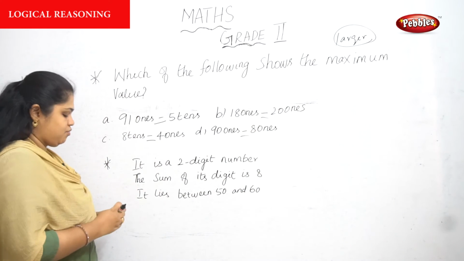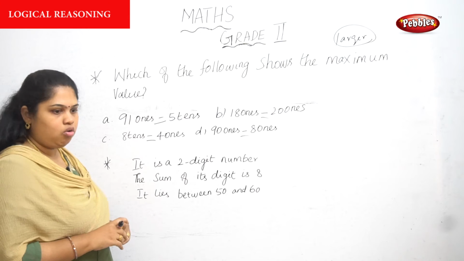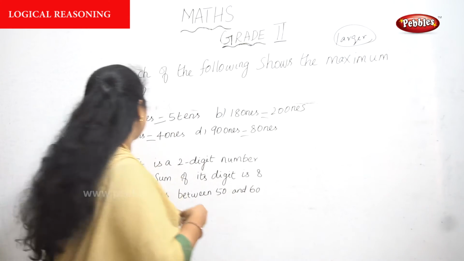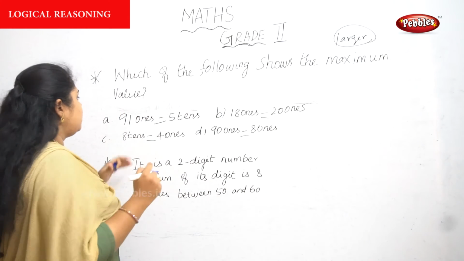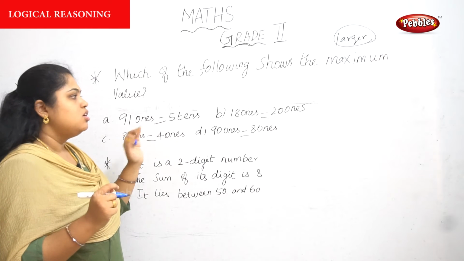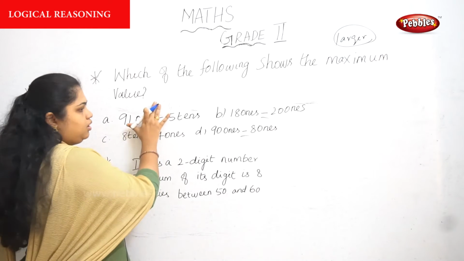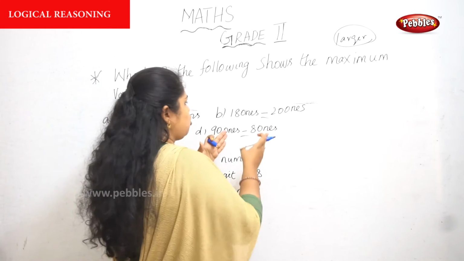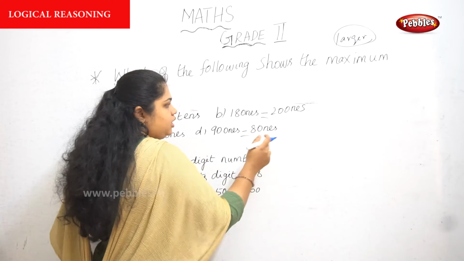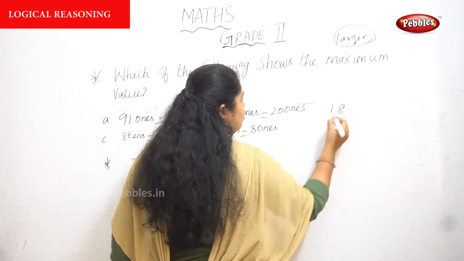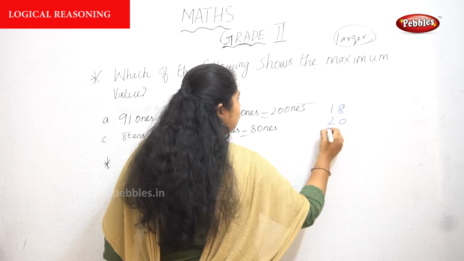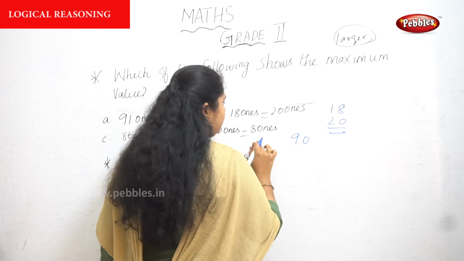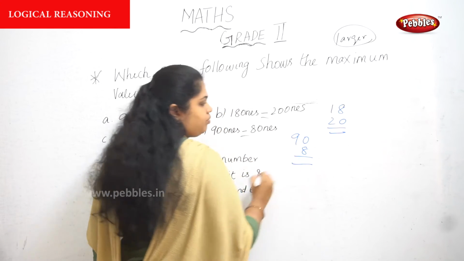Now I am going to make it as a whole number. For reference, I am changing the color. So 91 ones and 5 tens. Next option is 18 ones and 20 ones. What is here? 90 ones and 8 ones.